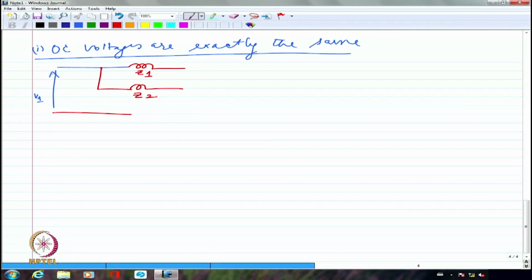Finally I am going to connect it to the load, and the load is connected between the common point of the secondary. Please understand that if I hide Z2, this shows the equivalent circuit of transformer 1. If I hide Z1, just Z2 alone gives me the equivalent circuit of the second transformer.